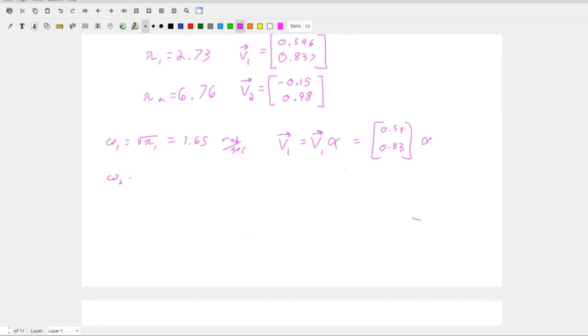And omega 2 is equal to the square root of lambda 2 is equal to 2.60 radians per second. And v2 vector is equal to v2 vector alpha, which is equal to 0.15, negative 0.98 alpha.